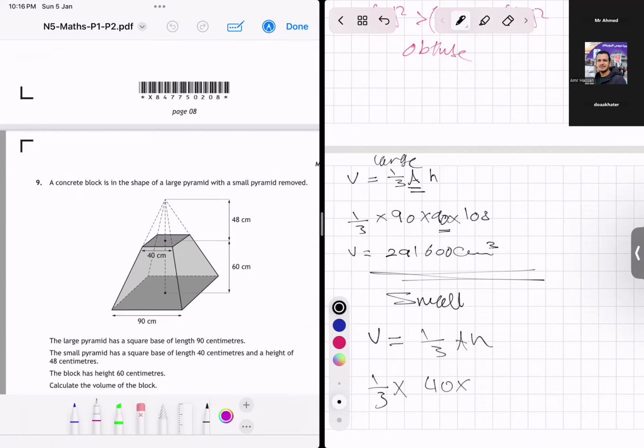It's going to be 40 multiplied by 40 multiplied by the height. So what do you think about the height? 60. Oh my God. We are trying to deal with the upper one, no, the lower one. The upper part, right? 48. 48. Yeah, right. Can you do it?